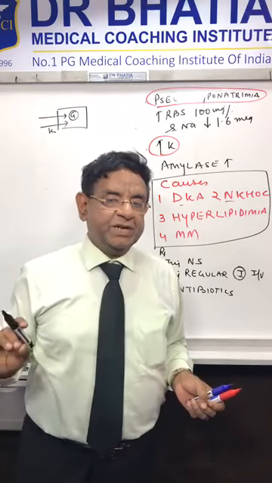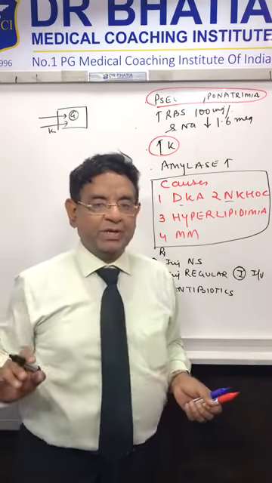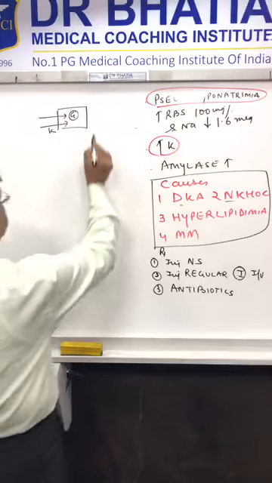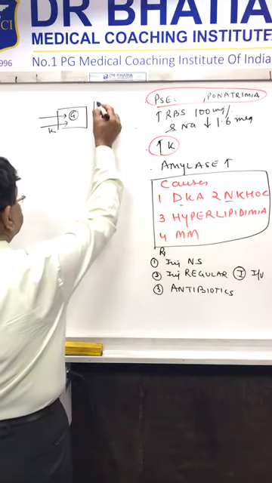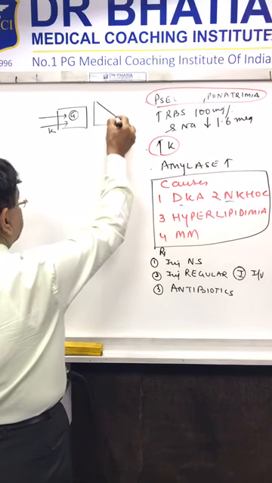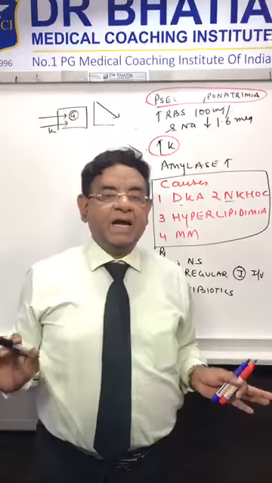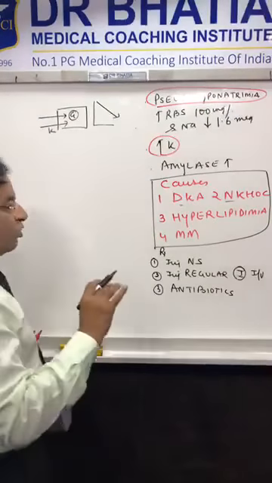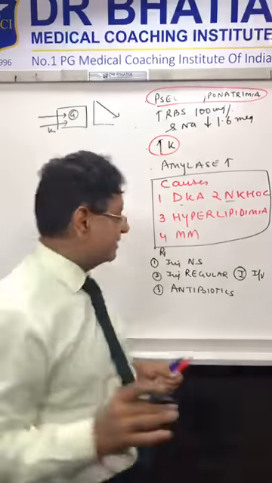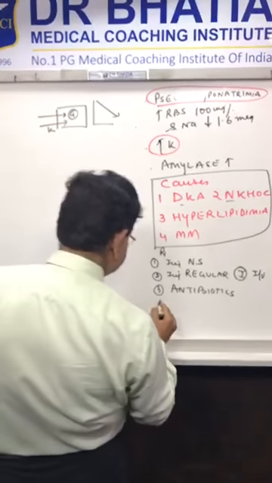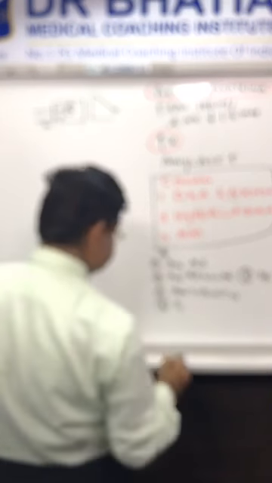So with the entry of glucose due to insulin, potassium also goes in. Initially the potassium level is very high, but as we treat, potassium levels start coming down. In the beginning, hyperkalemia, later on normal, and in the advanced stages, even hypokalemia can be there. That's why in the later stage, we may have to give potassium.